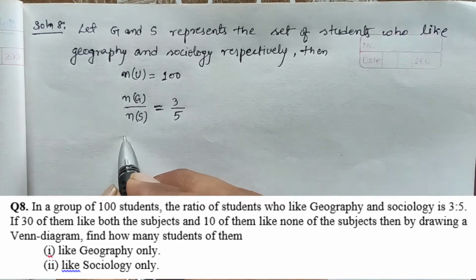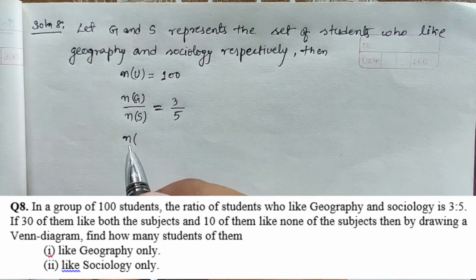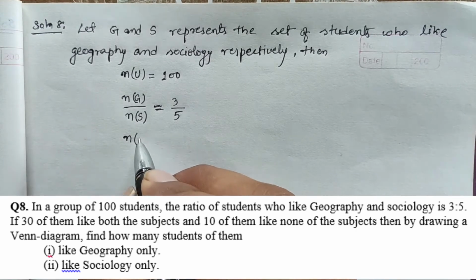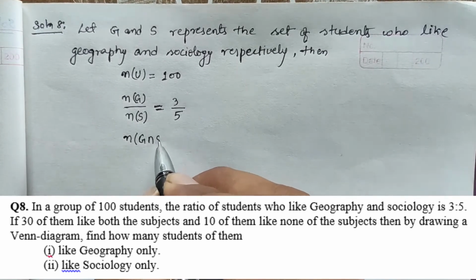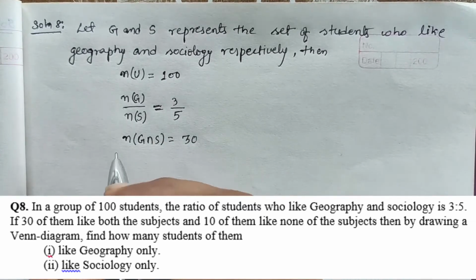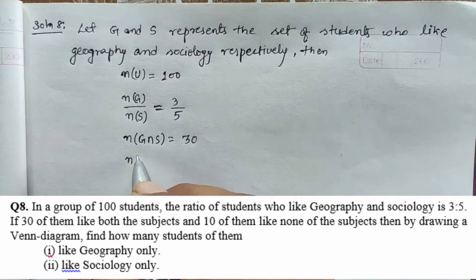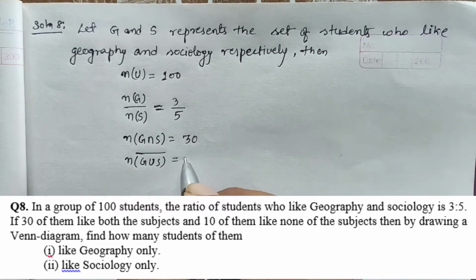Another thing given is the intersection: 30 of them like both, so N(G intersection S) is 30. And 10 of them like none of the subjects, so they are the complement: N((G union S) complement) is 10.